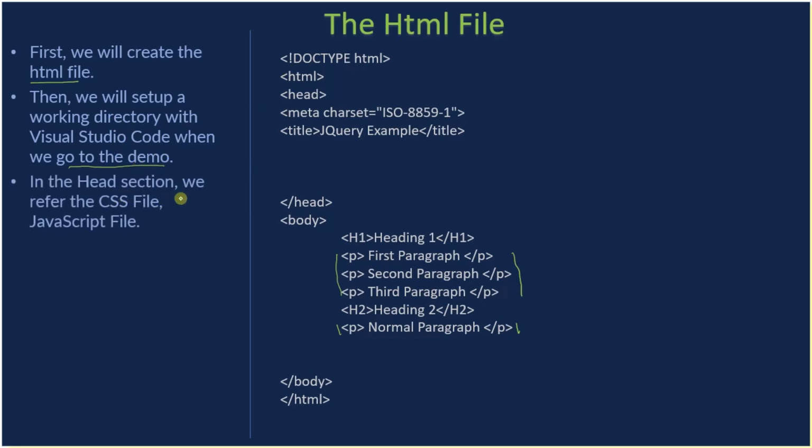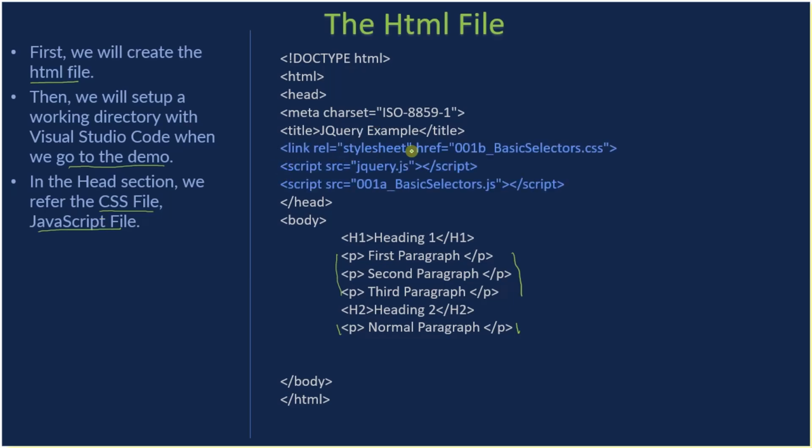So here in the head section, we refer a CSS file as well as a JavaScript file. This CSS is for applying the style, and the JavaScript file is to perform jQuery API calls. If you look here, you can refer the CSS file using the link tag and rel.